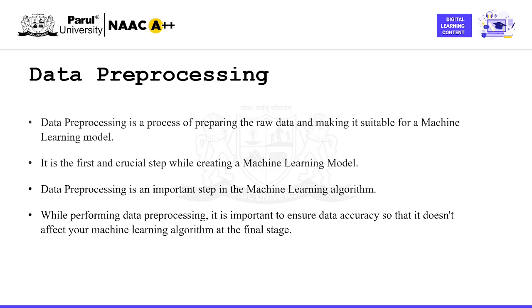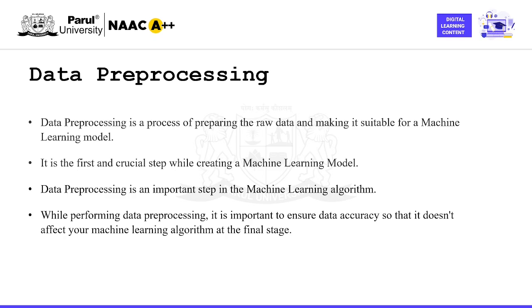If the data is not correct, then we make the data correct. This process is known as data pre-processing. It is the first and crucial step while we create a machine learning model. Whenever we create a machine learning model, the first step is data pre-processing.